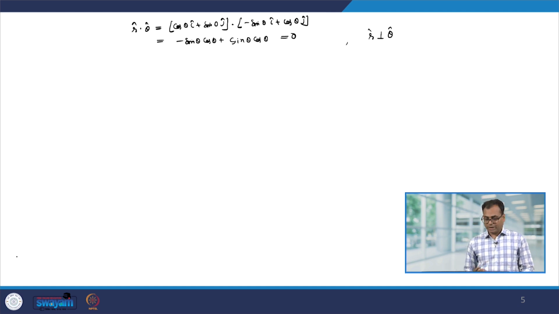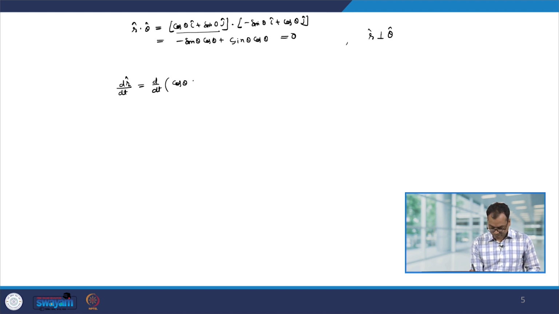Now we are going to find out the expression for the velocity and acceleration in the planar polar coordinate system, but for that we have to first find out how r cap and theta cap change with time. So therefore let us find out what is d r cap over dt. This will be d over dt of r cap, and r cap is cos theta i plus sin theta j.